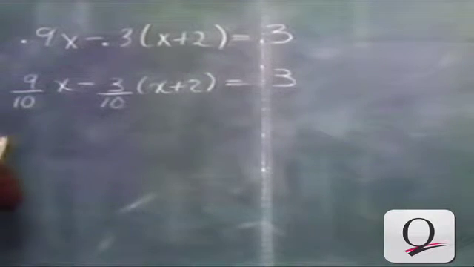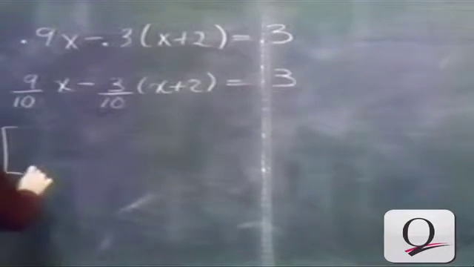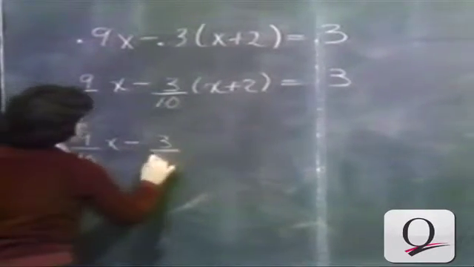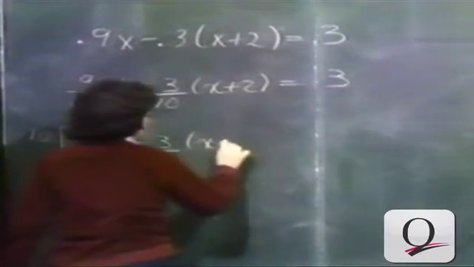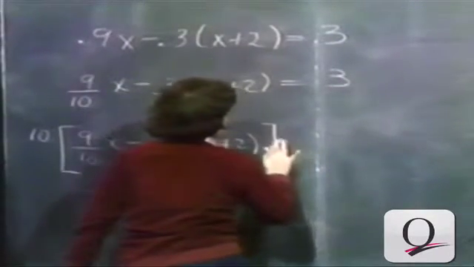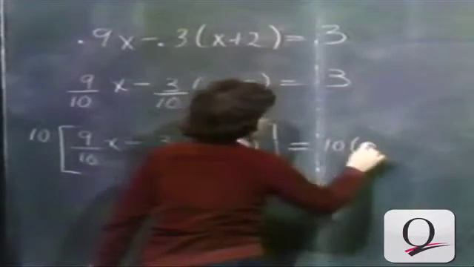Let's do that. 10 times (9/10 x take away 3/10 times (x plus 2)) equals 10 times 3.